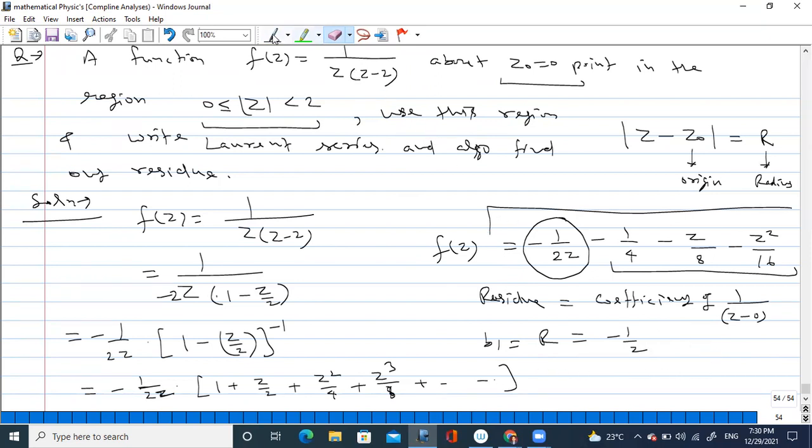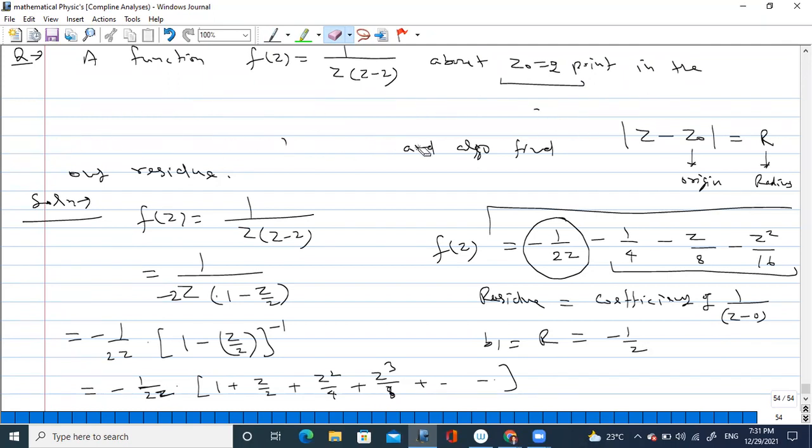Done, sir. Okay. Now if I give you the same question with z0 equal to 2 point, means your function about z equal to 2 point, with the region also changed.